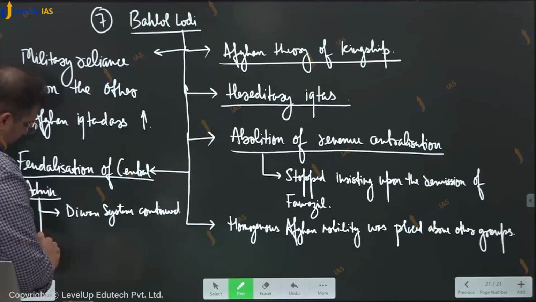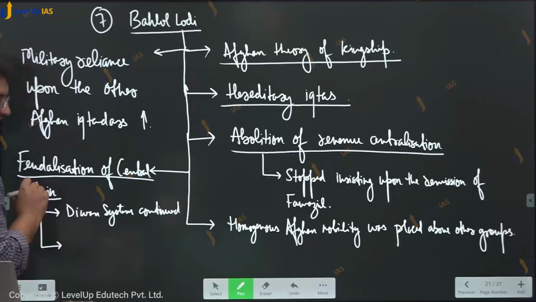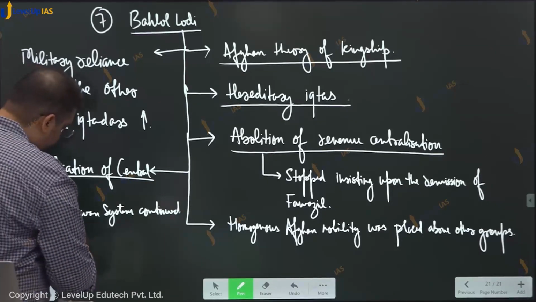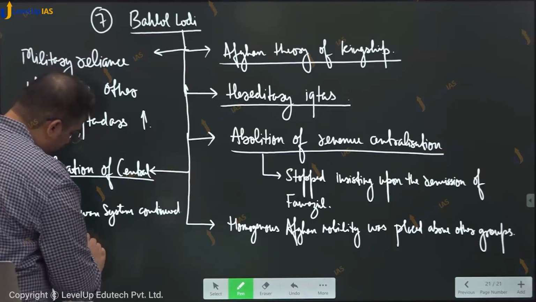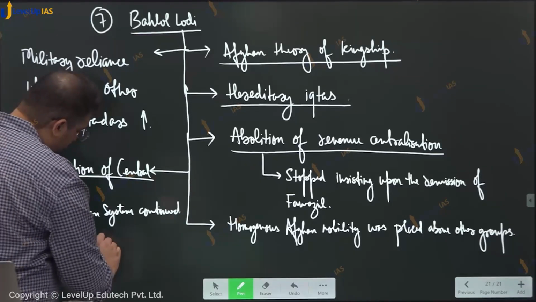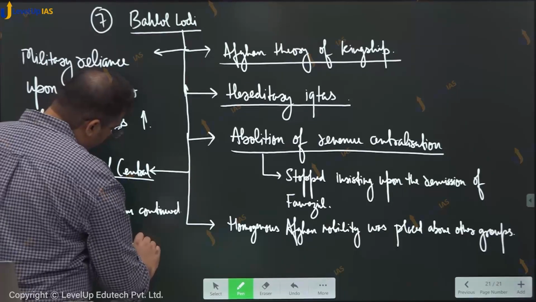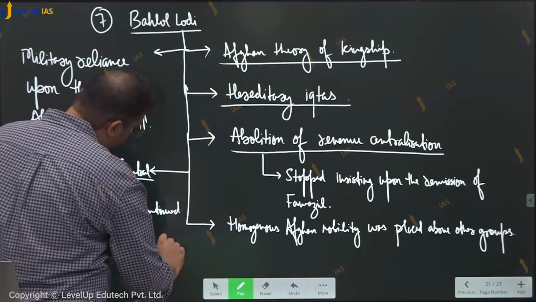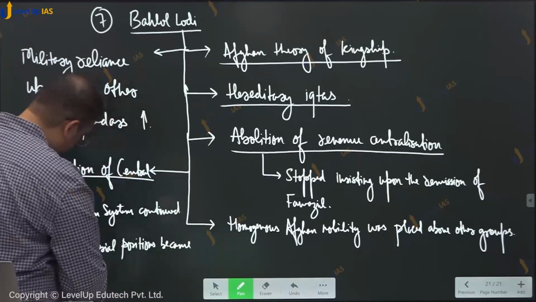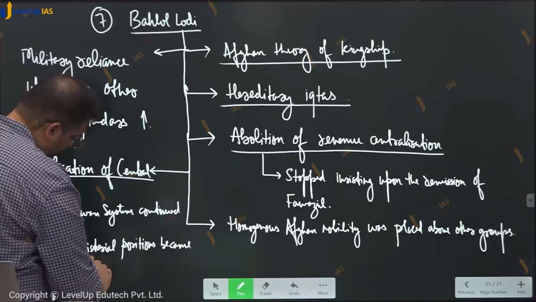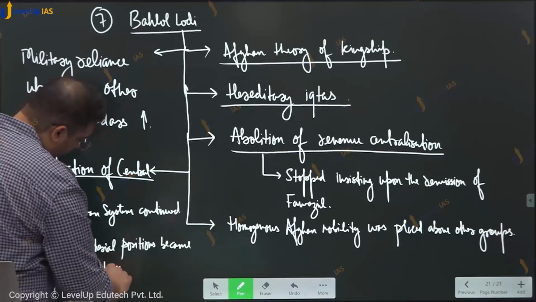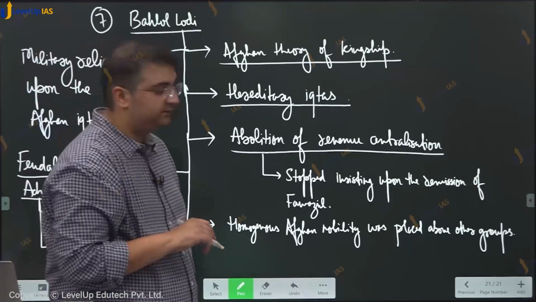The Sultan did not exercise the power to appoint or dismiss important ministers. Rather, the various ministerial positions became hereditary. Okay?